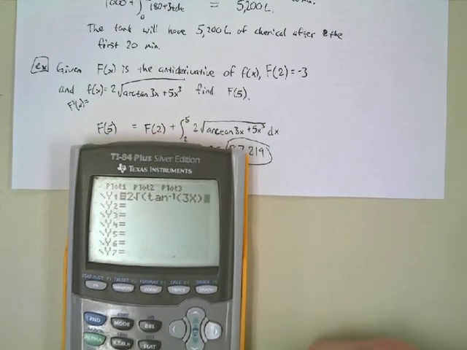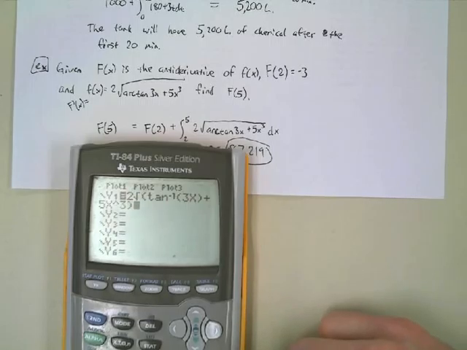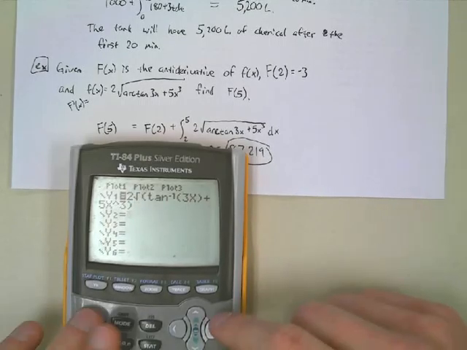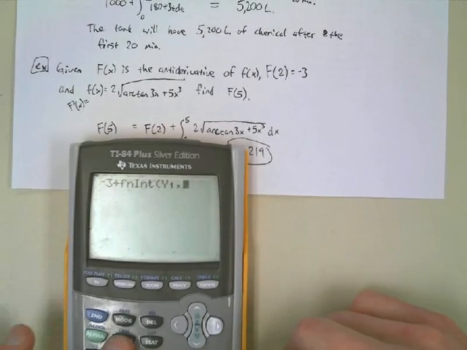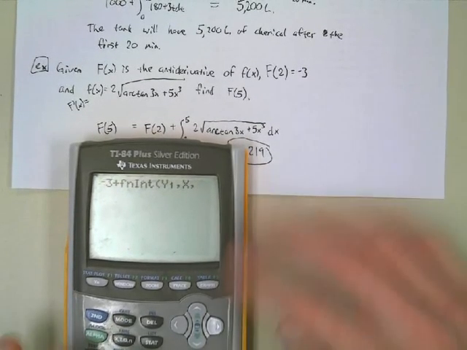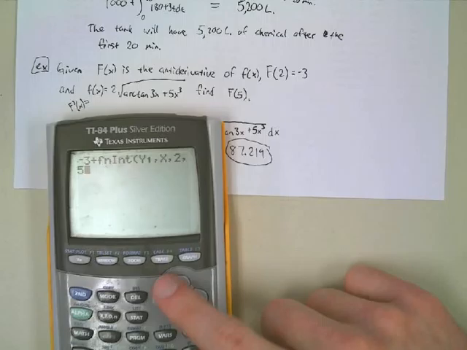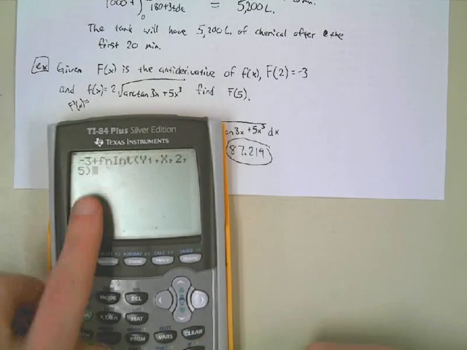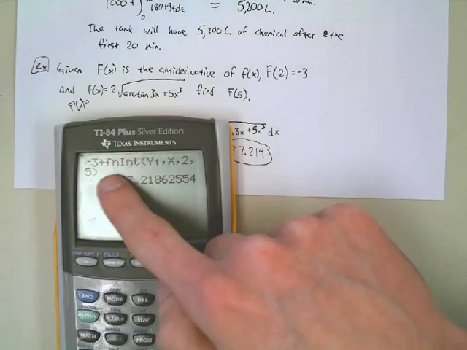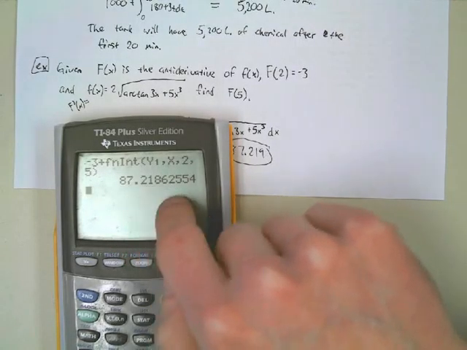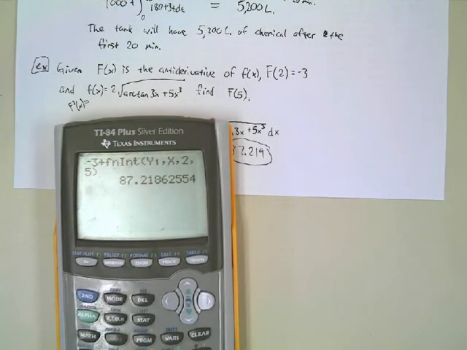Then the integral function, y1, comma x, we're integrating with respect to x, comma 2 to 5. If I hit enter, it takes care of all of it for me. It adds the initial amount plus the function, so you can get your final answer in your calculator without having to worry about doing that last step. You can do it all at once. Boom, there it is.